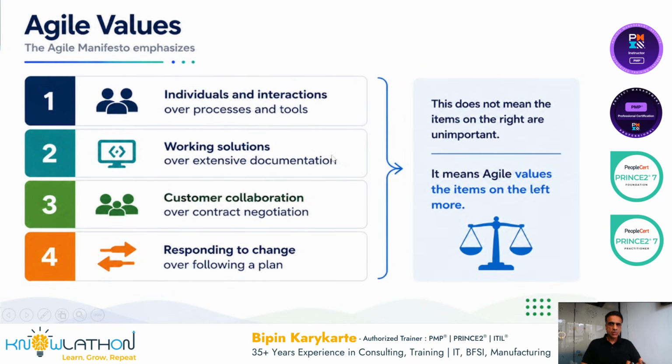Okay, so working solutions over extensive documentation. Okay, customer collaboration over contract negotiation, responding to change over following a plan. So processes and tools are important, but I talk more about individuals, teams, collaboration, interactions, being humanly together.